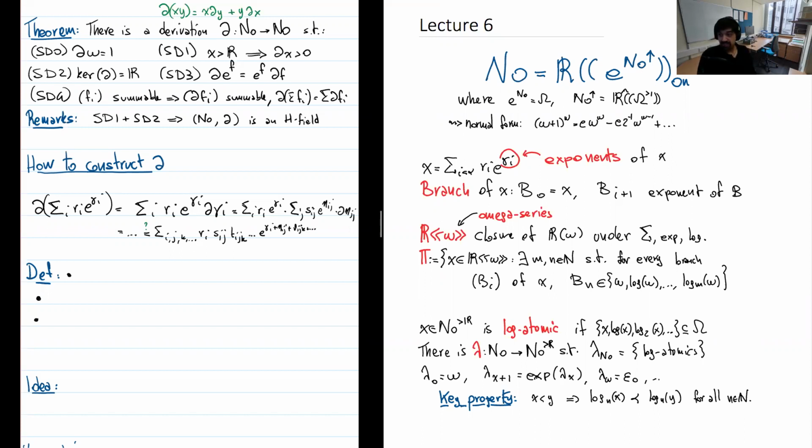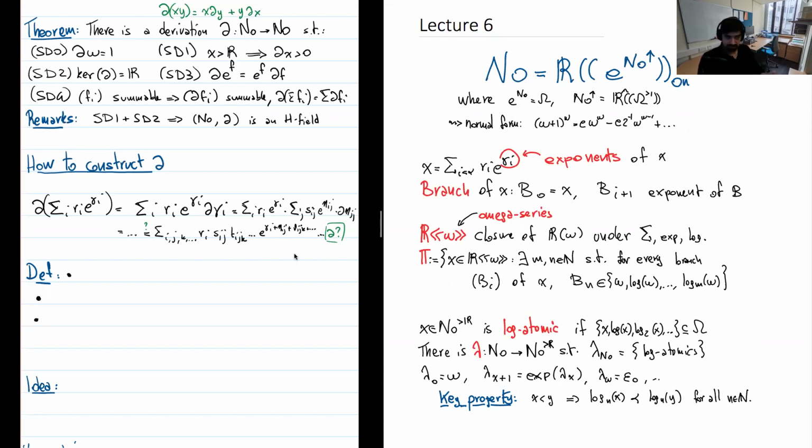And then there's going to be something at the end, which I'm going to tell you in a bit what it is supposed to be. So you keep digging into these exponents, and we try to define the derivative as this huge sum of contributions that come from navigating and unpacking all these exponents appearing in the exponential normal forms.